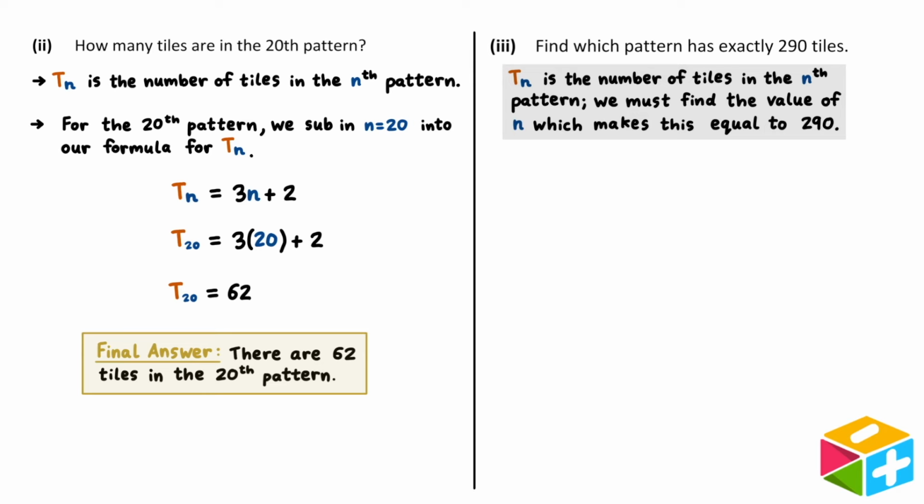So our goal is to find the value of n which makes Tn equal to 290. In equation form, we simply set Tn equal to 290. We found previously that Tn is equal to 3n plus 2, so we can replace Tn with this expression.